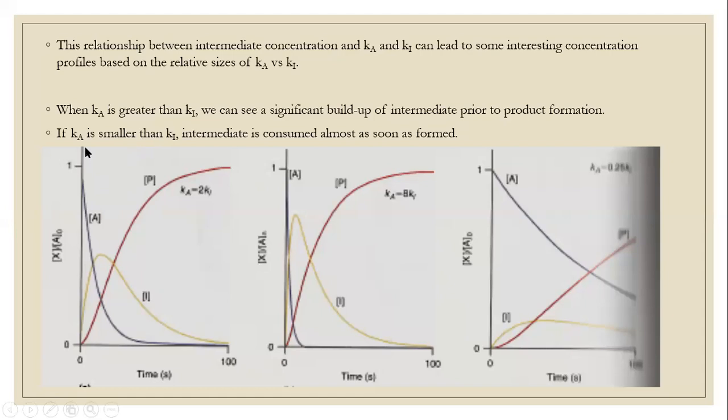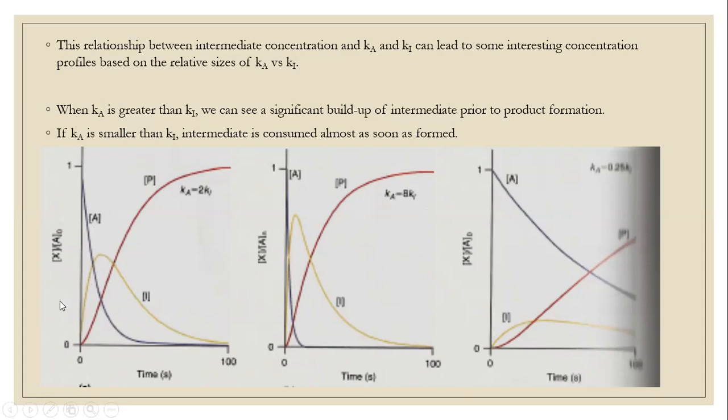If ka is greater than ki, we will see a significant buildup in an intermediate prior to product formation. So A goes down, I builds up, and then eventually goes away. If ka is smaller than ki, then I is immediately consumed almost as soon as it's formed.